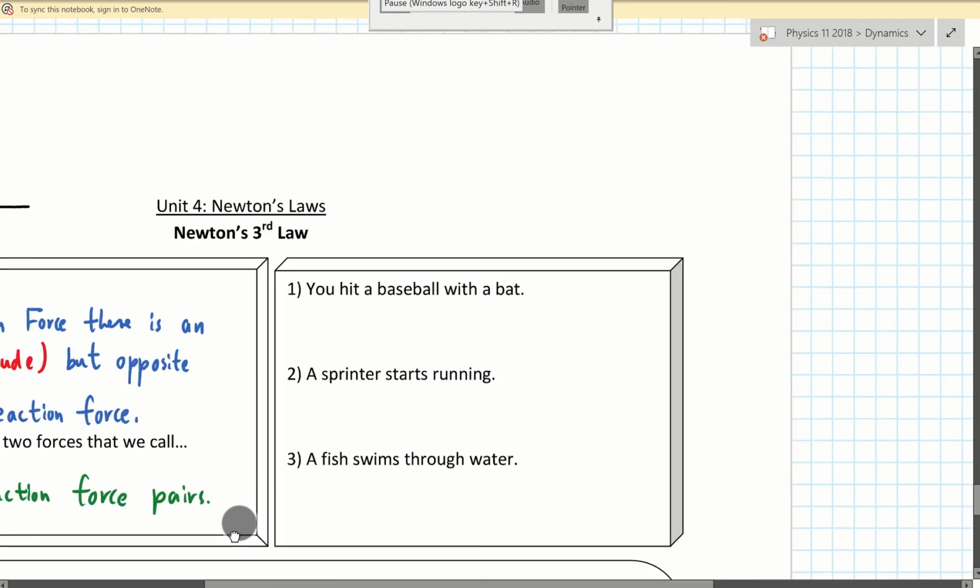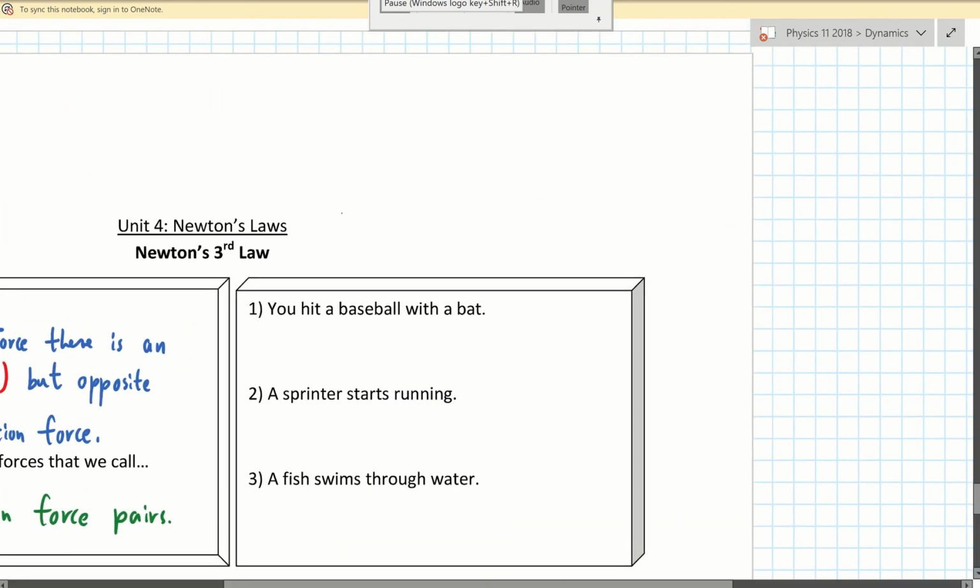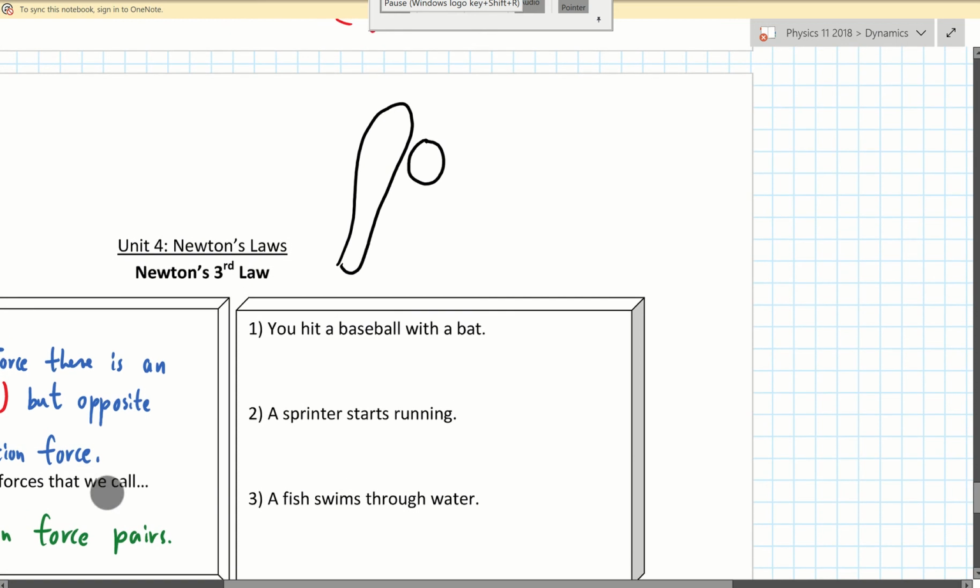For example, let's say you have a baseball bat, and you hit a baseball with it. The baseball bat applies a force to the baseball, which is the applied force. That's an action force.